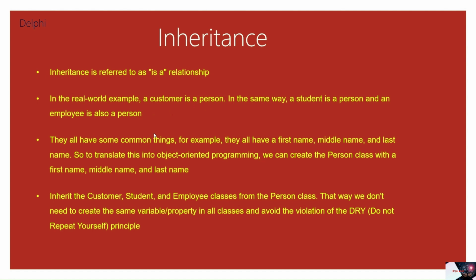To translate this into object-oriented programming, we can create a person class with first name, middle name, and last name, and inherit the customer, student, and employee classes from the person class. That way we don't need to create the same variable or property in all the child classes, which avoids violating the Don't Repeat Yourself principle.